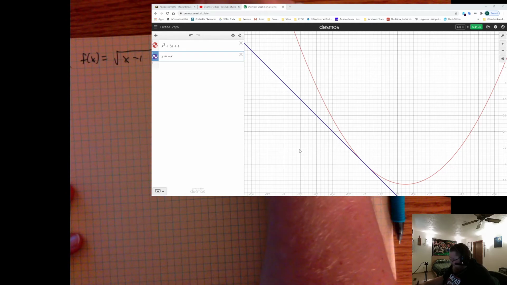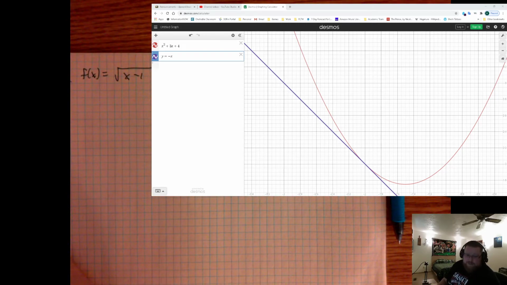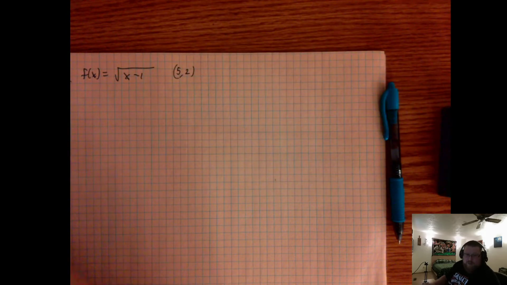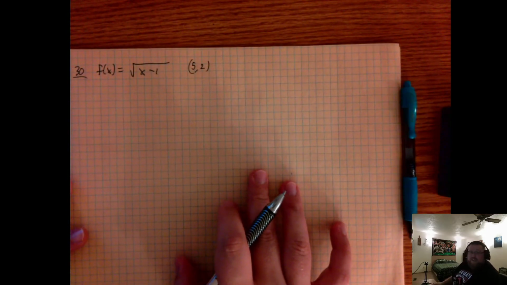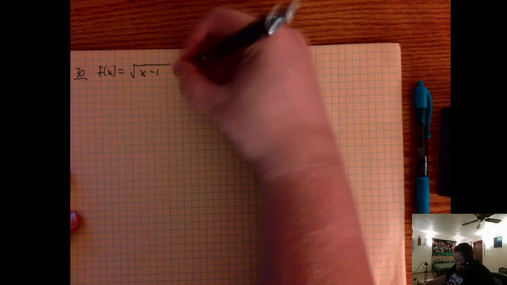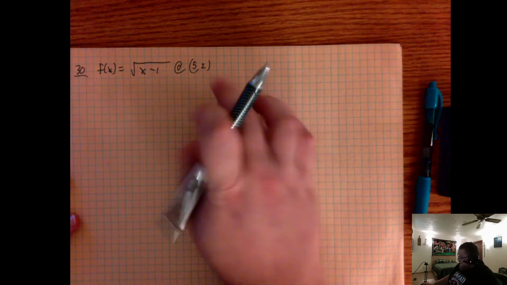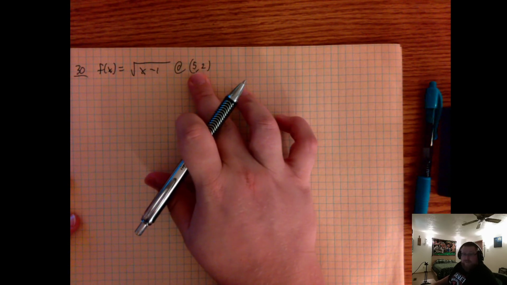And we're looking at the point 5, 2. We're asked to determine what the tangent line is for this function at this point. So that's what we're going to do. We're going to find the slope generating function using that same formula, but now we're going to have to do it with this thing. Ready?